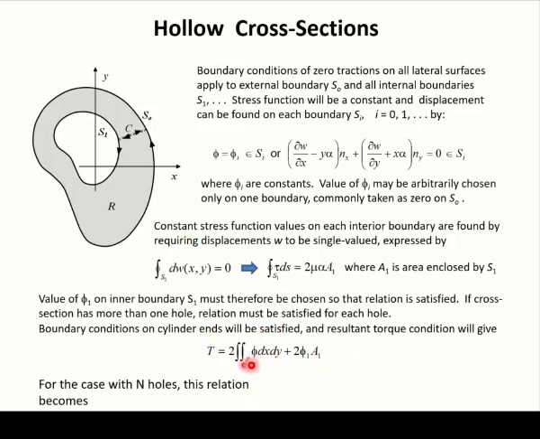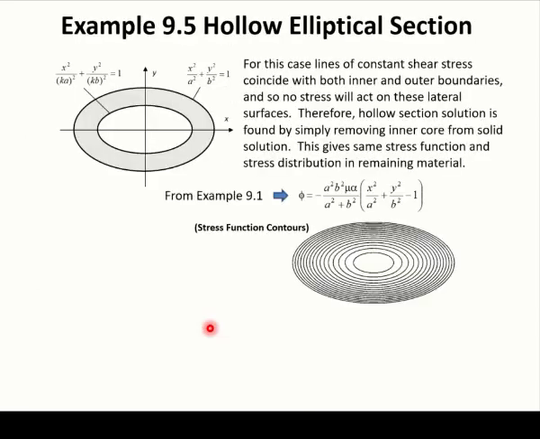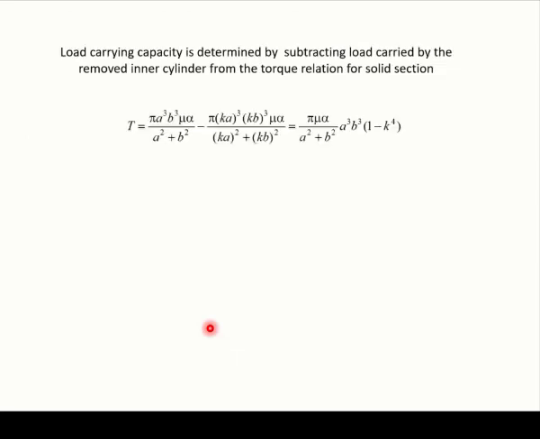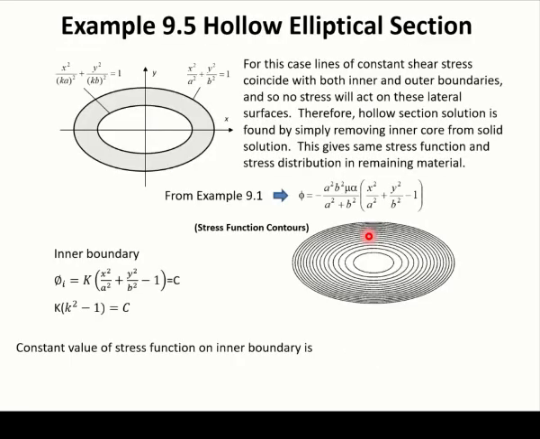So you can still use this equation, and you will get the same answer as this one. And again, my maximum shear stress will occur close to y equal to plus or minus b, and it's given here.